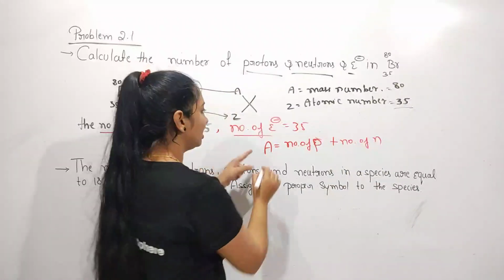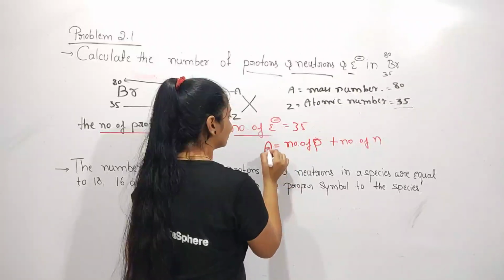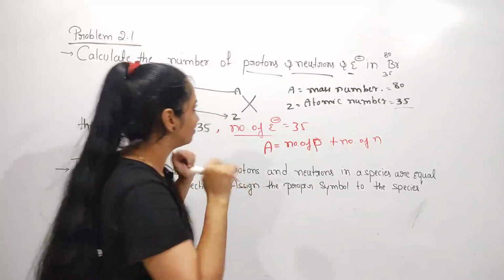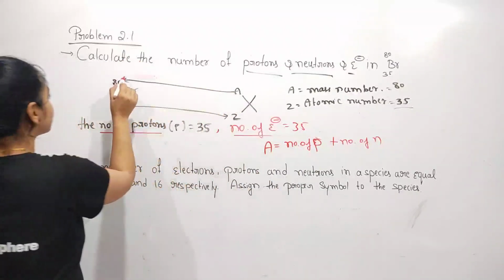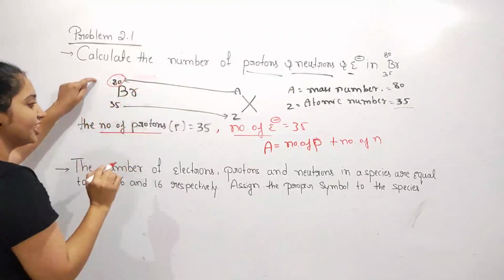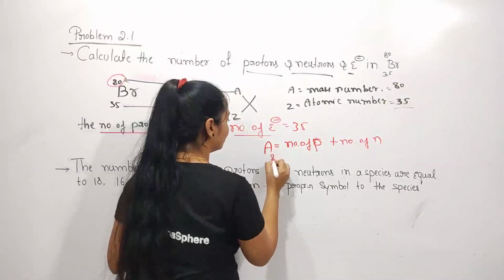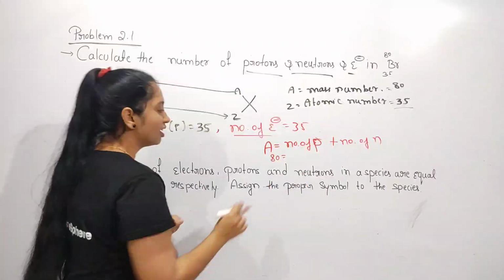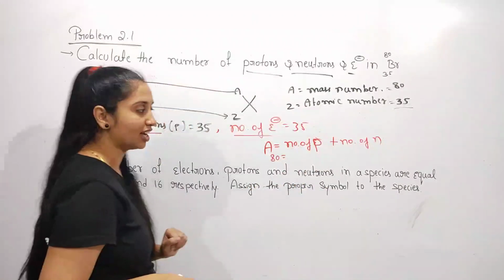A we know from the question: A is 80, equal to the number of protons, which we also know.